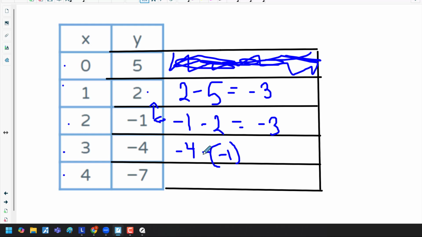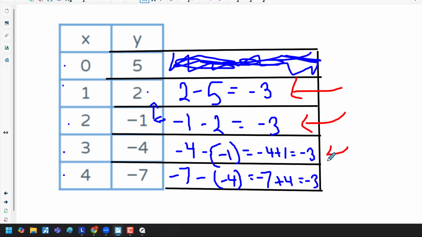When you subtract a negative value, like minus 1, it becomes minus 4 plus 1. The two negatives change into a positive, and negative 4 plus 1 is negative 3. And here we have the final one, negative 7 minus negative 4, which simply is negative 7 plus 4, which is also a negative 3. Hopefully everyone has noticed the pattern that the answer is negative 3, and they're all negative 3.